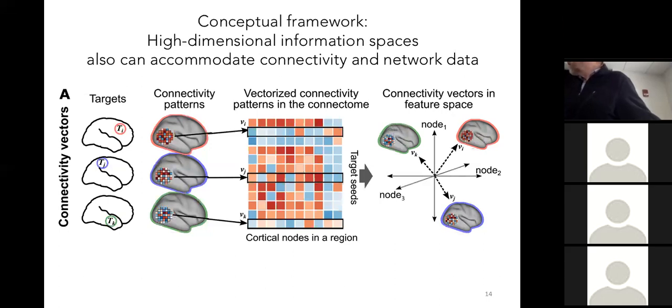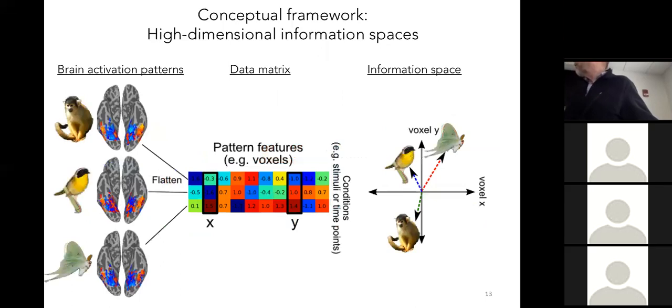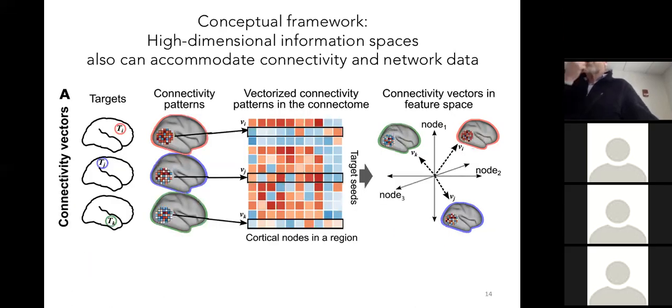You can think of the patterns of connectivity for this target, and this target, as being vectors in a connectivity space. And once the data are in this format, whatever math we develop for this data can be applied to these data. And I'll show you that that works really well.